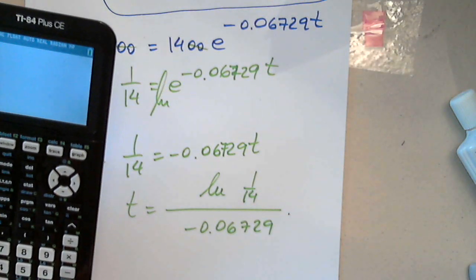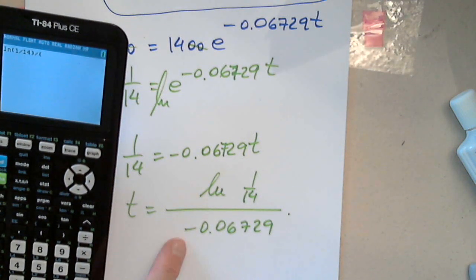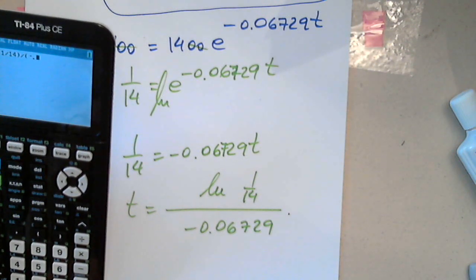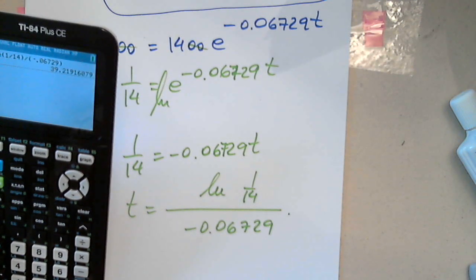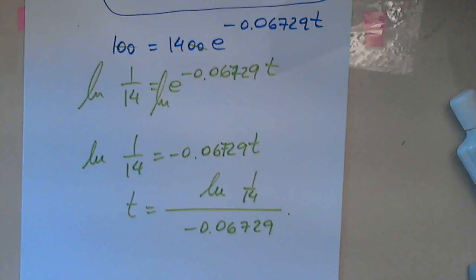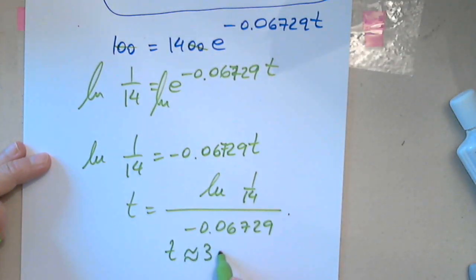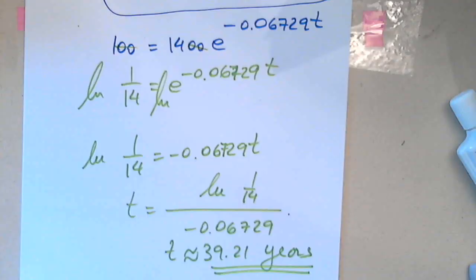So natural log of 1 divided by 14, close the parenthesis. Don't forget to put parentheses if you are using a negative, or keep in mind to put it in at the end. But okay, we only have 39 years, 0.21. So we'd better hurry to save the species from extinction.